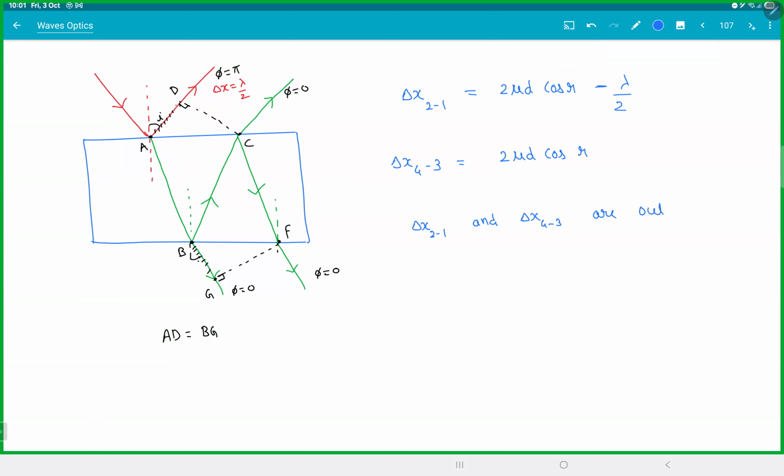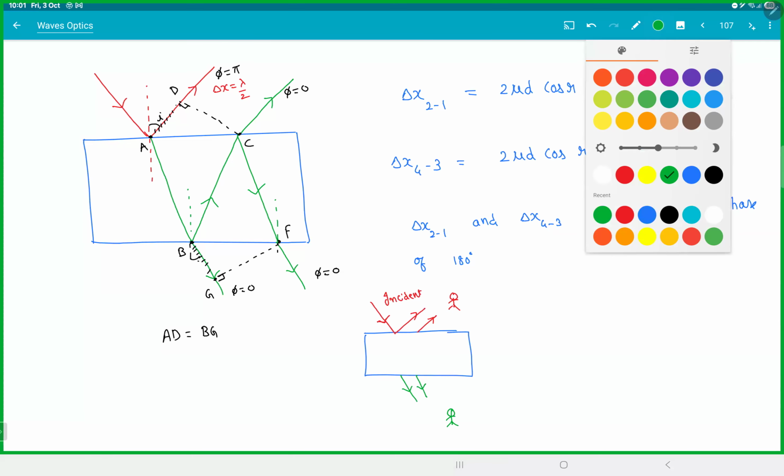This will be a good theoretical question. Are out of phase by 180 degrees. What is the meaning of this? The meaning of this is when you take this slab, and let's say we have an observer here. Let's say this is your incident ray. And we have a refracted ray here.